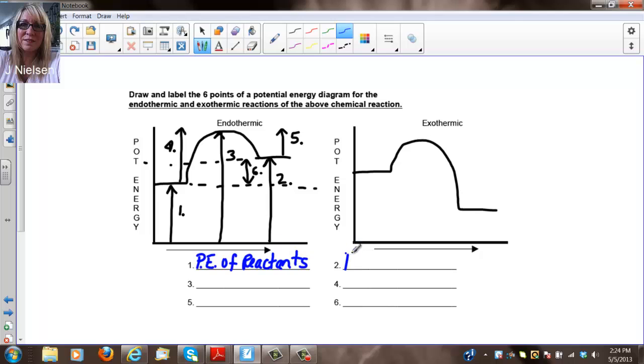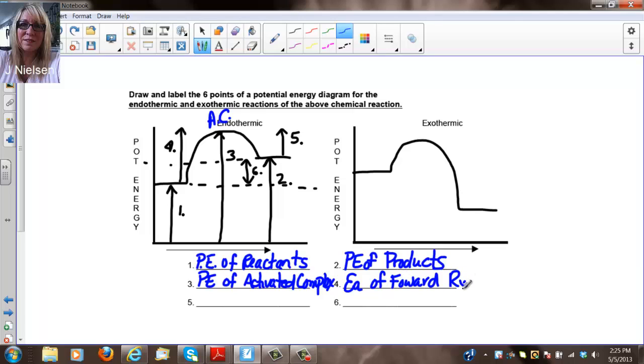2 is the potential energy of the products. 3 is the potential energy of the activated complex. Remember that the activated complex is a temporary unstable state between the reactants and the products. 4 is the activation energy, written EA, activation energy of the forward reaction.